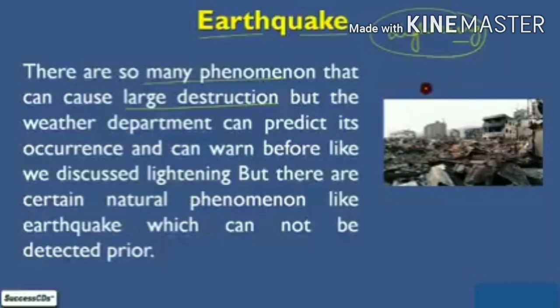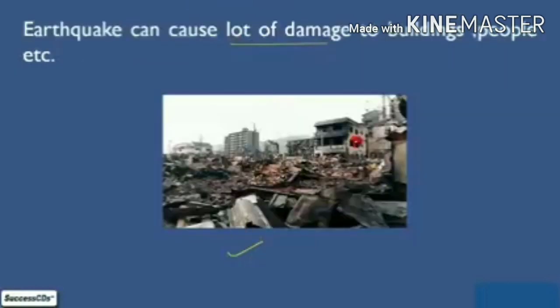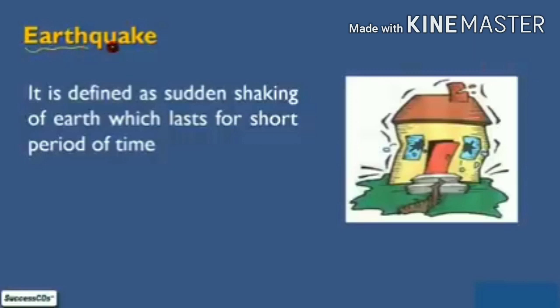Earthquake is more dangerous than lightning as it can cause large scale destruction of human life and property. Here in this picture, children, you can see the damage caused by an earthquake. So earthquake is more dangerous than lightning.